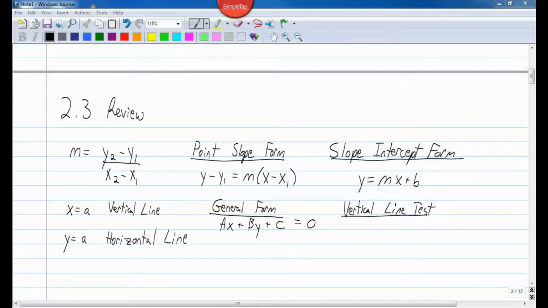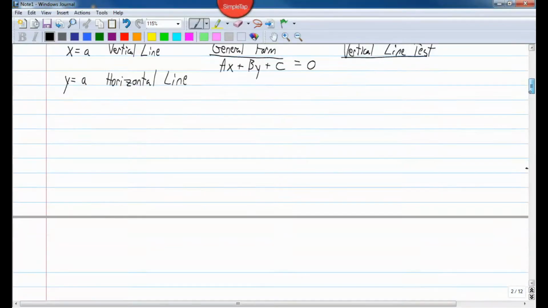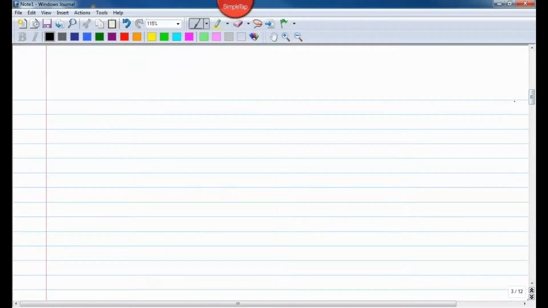Alright, which brings us to the next section, Section 2.4, more on slope. I made sure I checked this morning, and most of these topics are covered in Algebra 1.